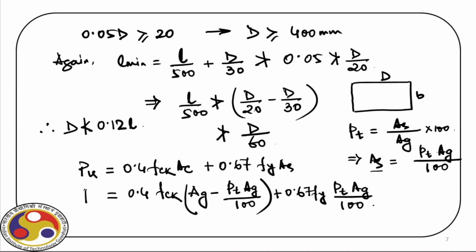Now, if you look at this expression, what we have on the left hand side is the ultimate load carrying capacity. That ultimate load carrying capacity depends on what? The type of concrete we use, the type of steel we use, and the percentage of steel. So effectively we can rewrite this expression.